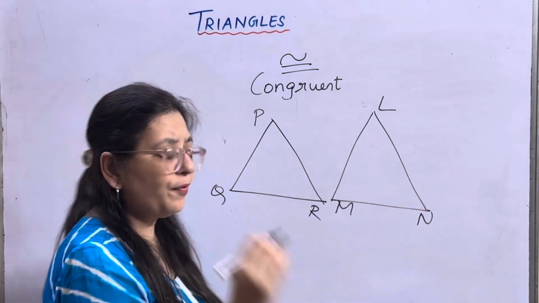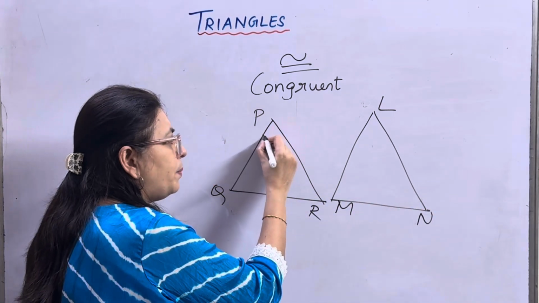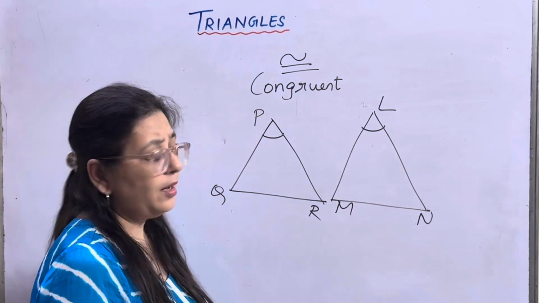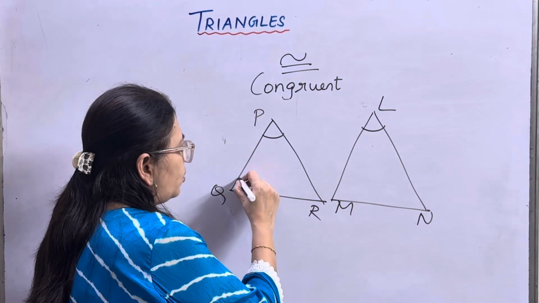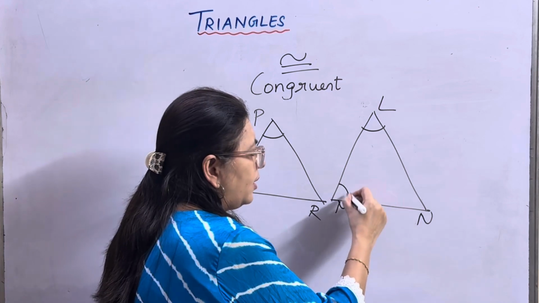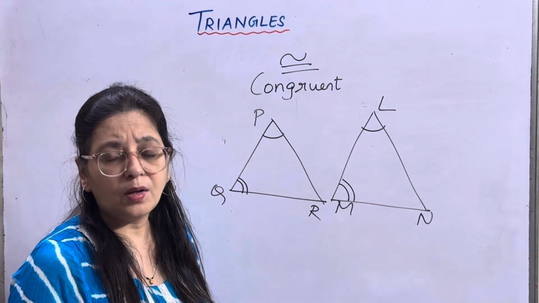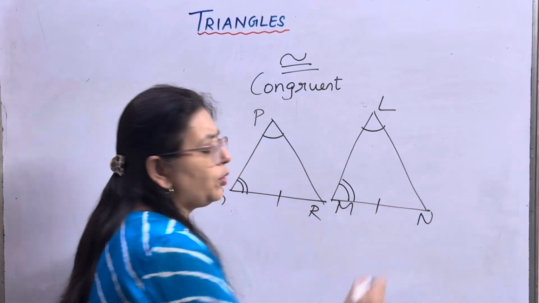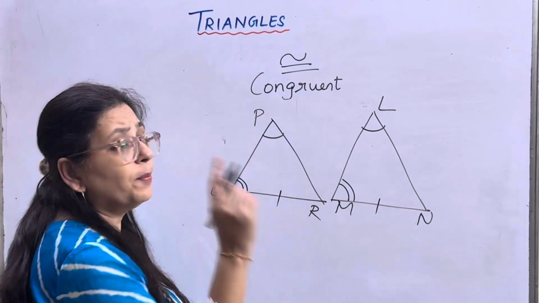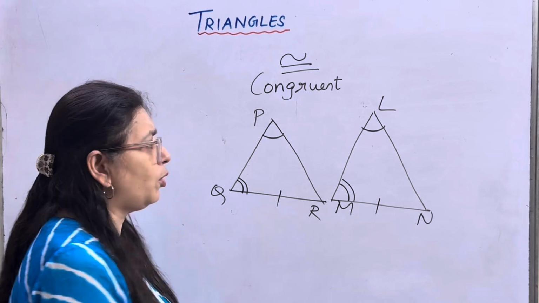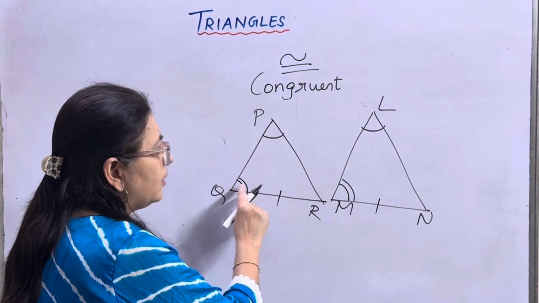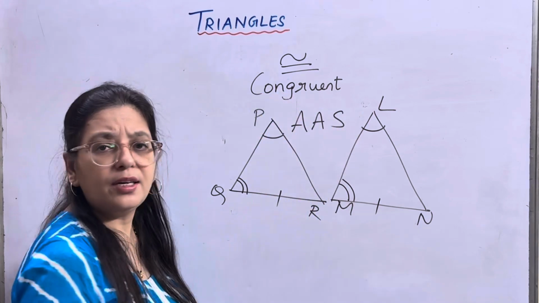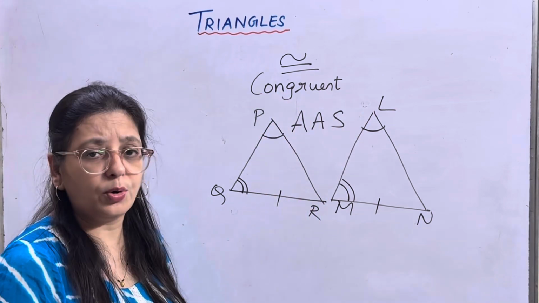If I say that angle P is equal to angle L, and angle Q is equal to angle M, and I say QR is equal to MN, so by which test are these two triangles congruent? By angle, angle, side. So by the AAS test, they are equal, they are congruent.